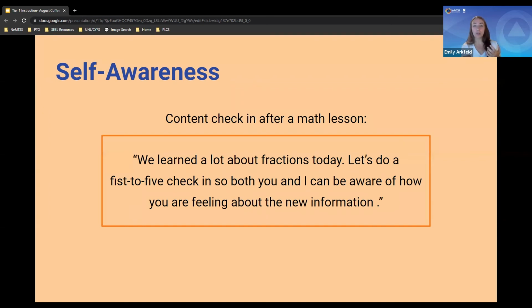Or I'm super excited about this and I get it and I'm ready to hit the ground running and I can help all of my friends because I totally understand. So they get to reflect on how they're feeling and recognize that. And then you as the educator get to recognize how your students are feeling about that, and then you know how to adjust your teaching and where you need extra support. So a quick 10-second, 20-second sentence is building both of those skills for your students and for educators.